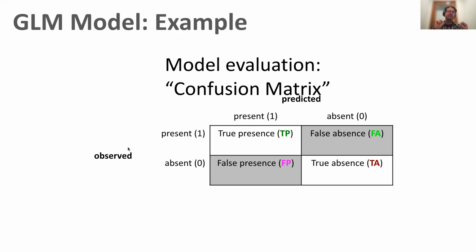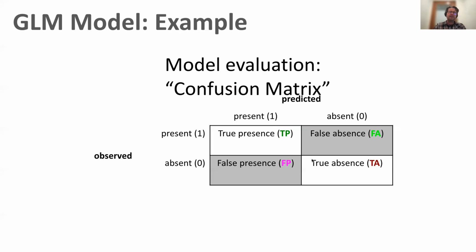And then we're trying to figure out whether we get truth back when we run the prediction with that data. Are we getting the values we expect? Are we predicting a presence of that animal where we saw that animal? And are we predicting an absence of that animal where we had an absence?